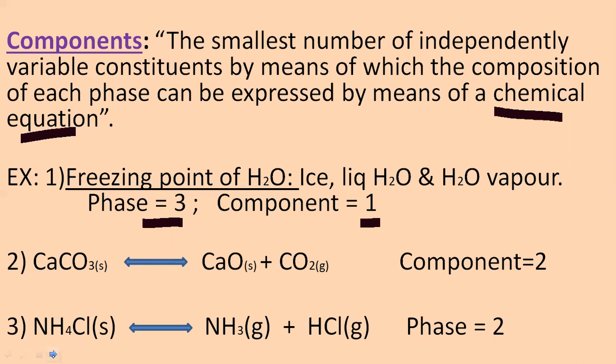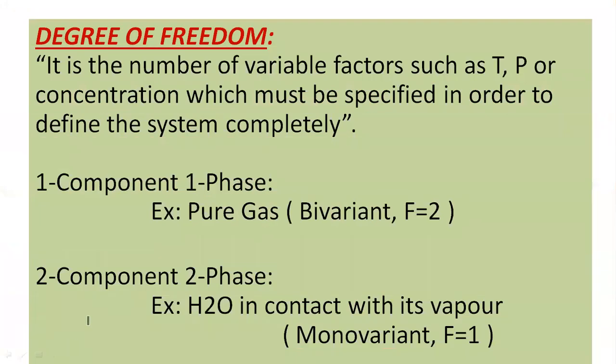Now we'll proceed with the third term, which is called the degrees of freedom. The degrees of freedom is defined as the number of variable factors such as temperature, pressure, or concentration, which must be specified in order to define the system completely.